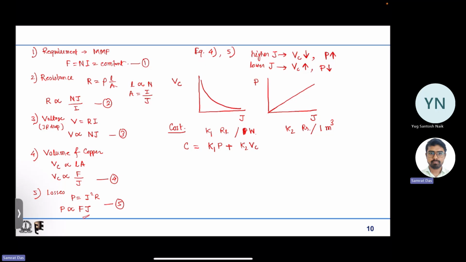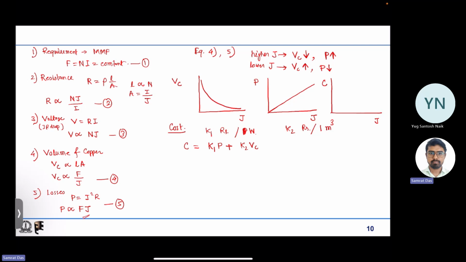So this is the cost function, and if I now plot the third one, that is cost with current density, because in both cases current density is the common variable that we are going to optimize. So that is J.